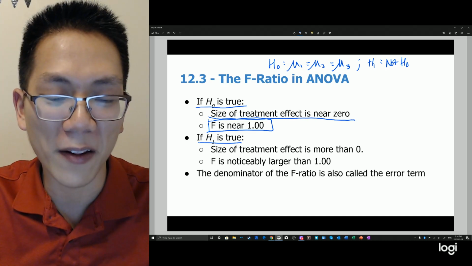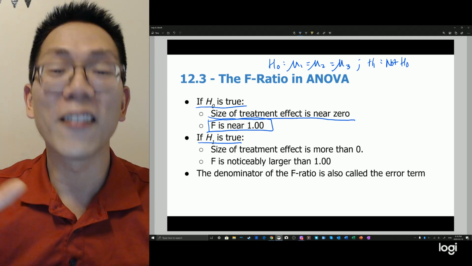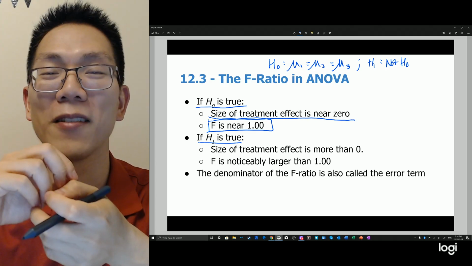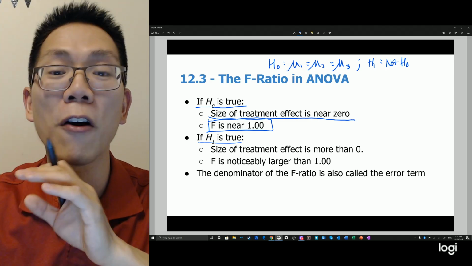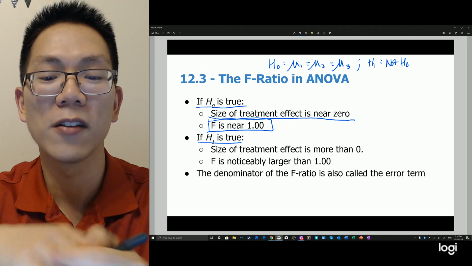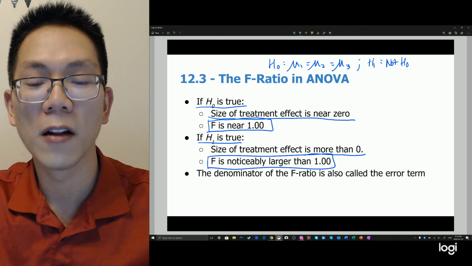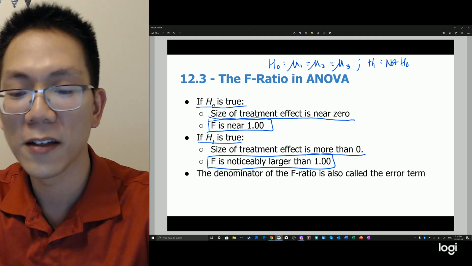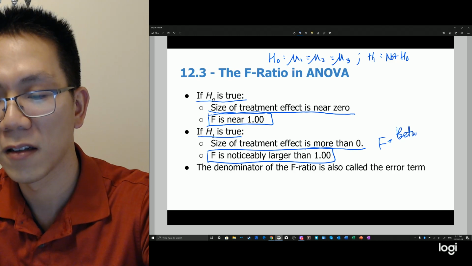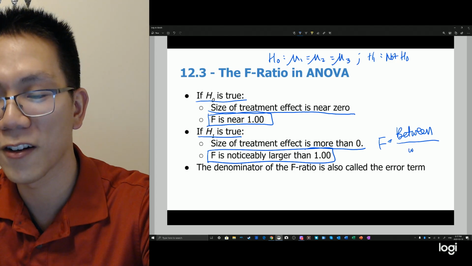The alternative hypothesis then is in many ways simpler, because ANOVA lets us analyze variance and compare the samples simultaneously, rather than using t-tests that only let us make pairwise comparisons between means. We can say, if the size of the treatment effect is more than 0, then the F ratio itself has to be larger than 1. That is, the between variance is larger than the one within.